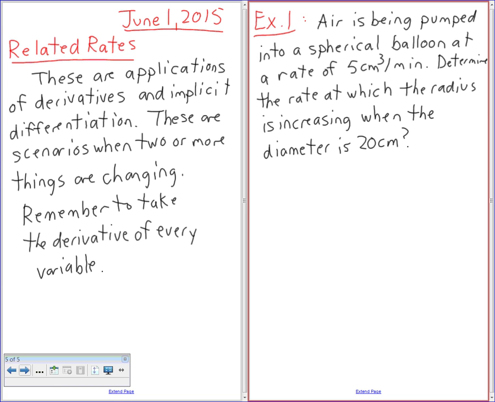Could somebody tell me there are at least two things changing in this question? What are the two things that are changing? Volume. So I'm going to say dV by dt. What that means is the rate at which the volume is changing.